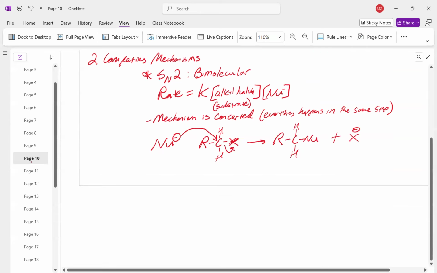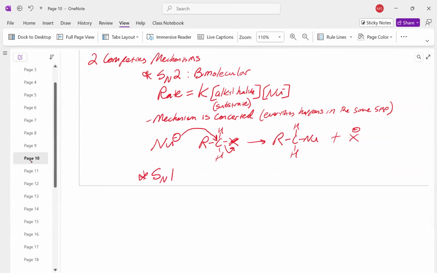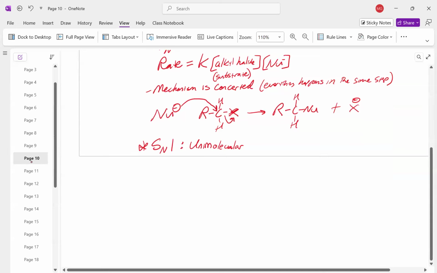Now this mechanism is in competition with what's known as SN1. Again, the S and the N mean the same thing. S means substitution, N means nucleophilic. The 1 means that this is a unimolecular mechanism, meaning that the rate determining step is dependent upon one chemical species.